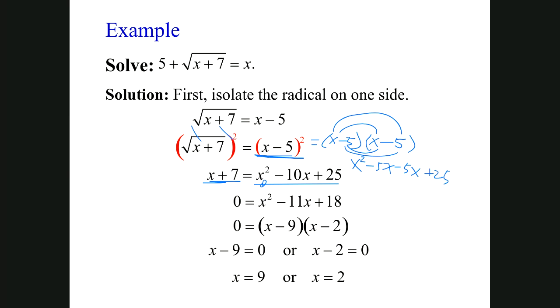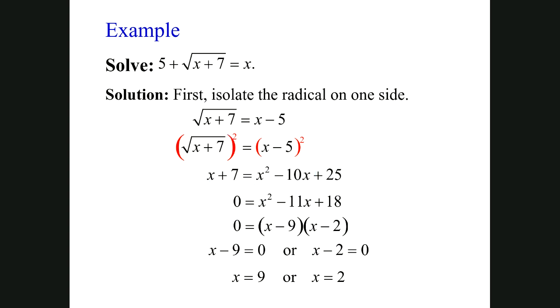These two are like terms, so you combine them and get negative 10x, plus 25. That's the FOIL. If you remember the perfect square formula, that is easier: the first term squared, minus 2 times x times 5, which is 10x, plus 5 squared, which is 25.